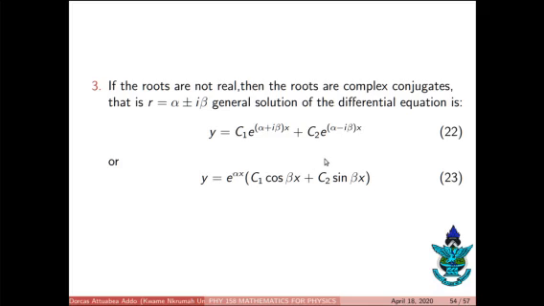However, in practice, we prefer to work with real functions instead of complex exponential functions. So we normally use Euler's formula. If you use the Euler formula and work around it, you arrive at this general solution as well. So it's either this solution or that solution.